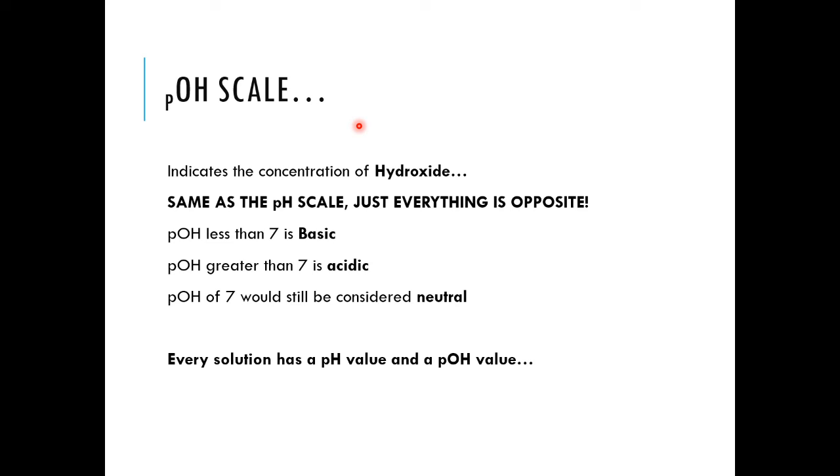It's essentially the same scale. It's just what you're looking at in terms of concentration, whether it's hydroxide or H plus. Generally speaking, we usually use pH values more than pOH values, but the mathematical relationship between them is always the same. So if you know one, you know the other, and we'll talk about that a little bit later.